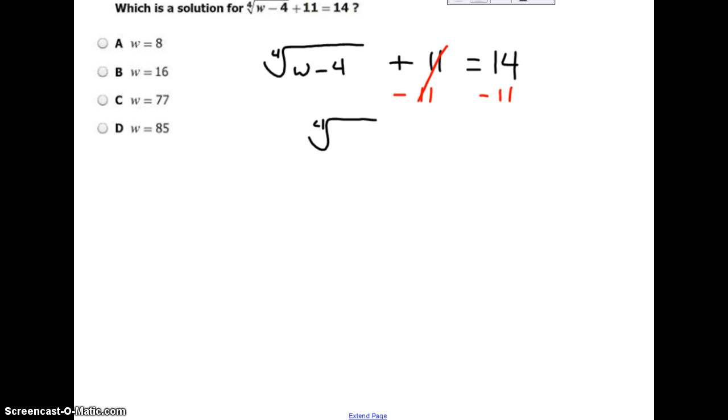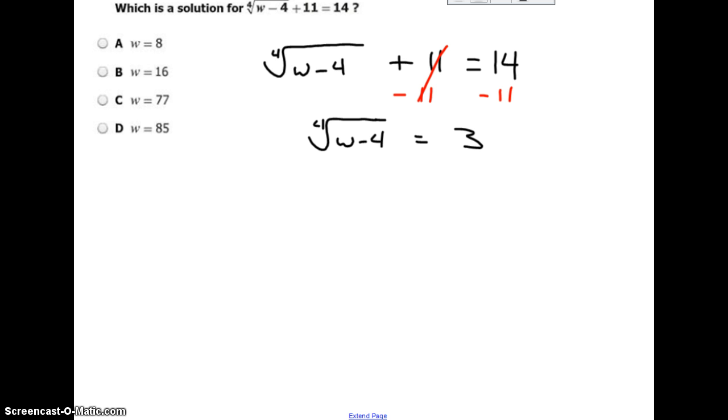So we're going to go ahead and do this the old-fashioned way like we did that first sample problem. So we're going to rewrite the problem. We have the fourth root of w minus 4, plus 11, equals 14. So you're going to first isolate the radical, subtract 11 from both sides. Okay, so now we're going to have the fourth root of w minus 4 equals 3.